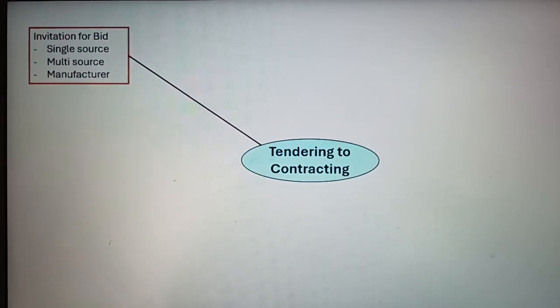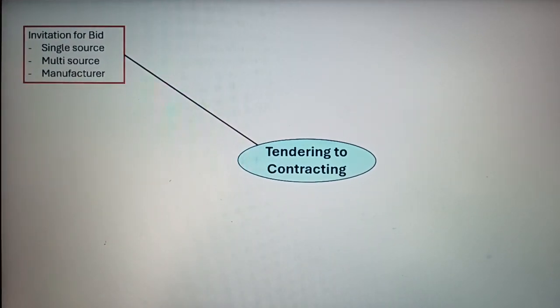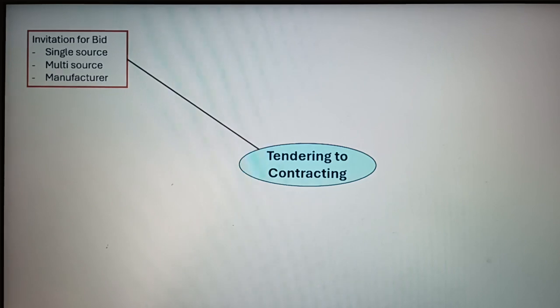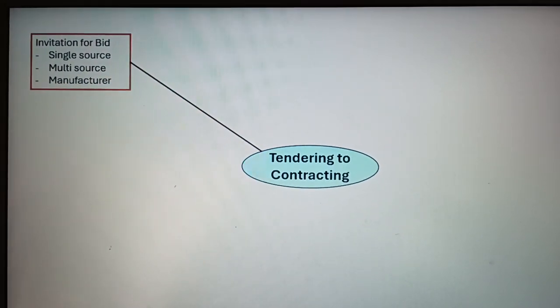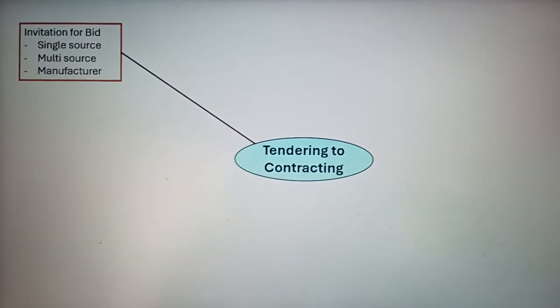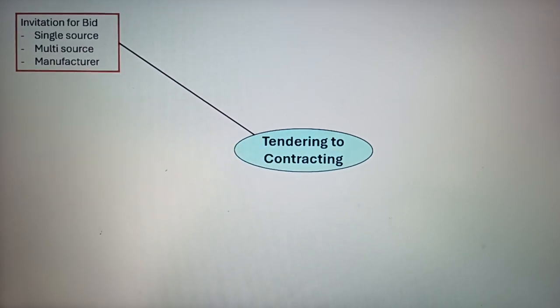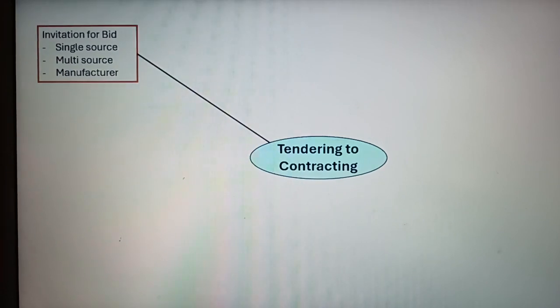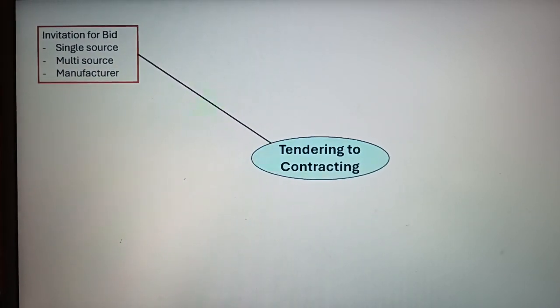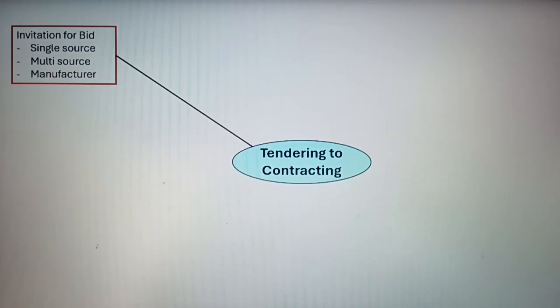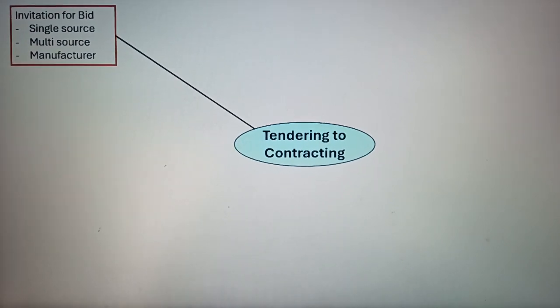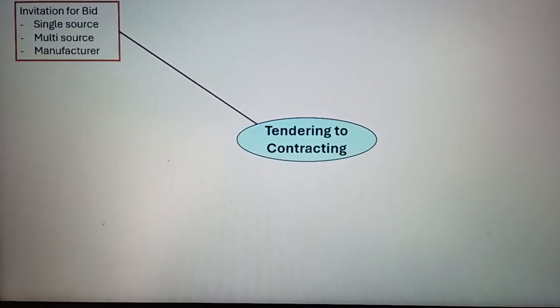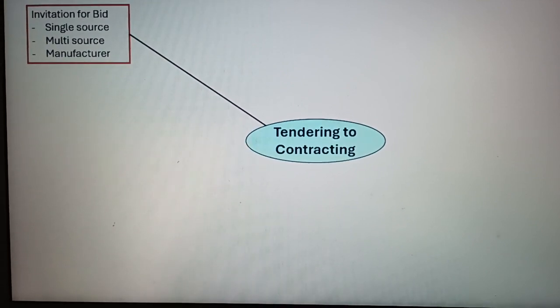There are mainly three types of invitation of bid: single source, multi source, or manufacturer. Also, different organizations call the bid by different names, like invitation of bid, request for quotation, request for proposal, invitation for quotation, etc.